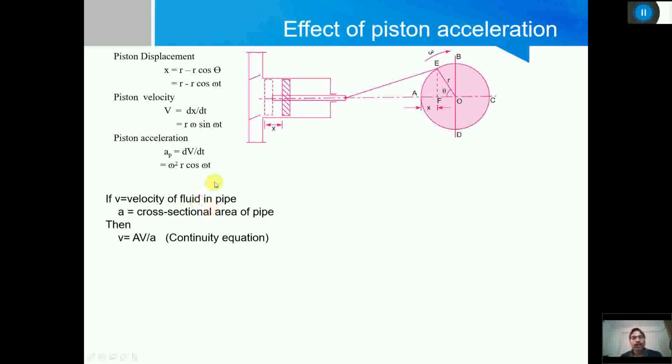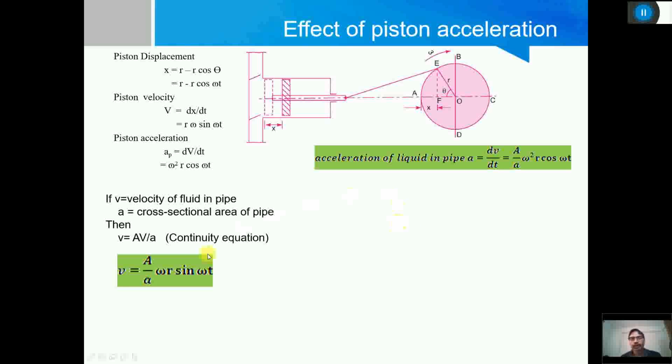Now applying the continuity equation, let us see, if v is the velocity of fluid in the pipe and a is the area of cross section of the pipe, then we can apply the continuity equation in the pipe and in the cylinder. So a v must be equal to capital A V. From there we can get the velocity of fluid inside the pipe. So acceleration of fluid in the pipe we can calculate by differentiating this velocity.